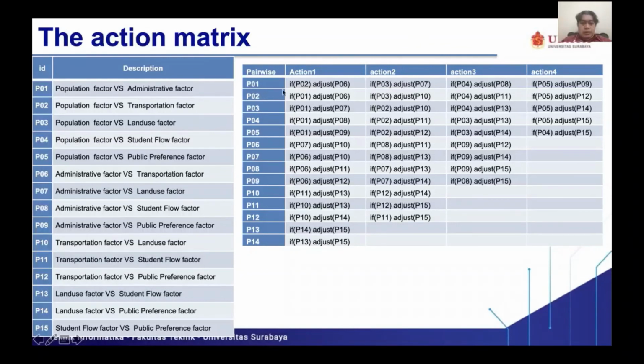For example, pairwise 1, population vs administrative. If there is an adjustment in pairwise 2, adjust pairwise 8. If there is one in pairwise 3, adjust pairwise 7, and so on.